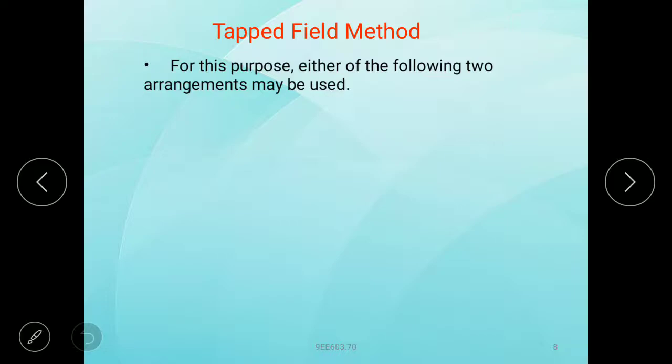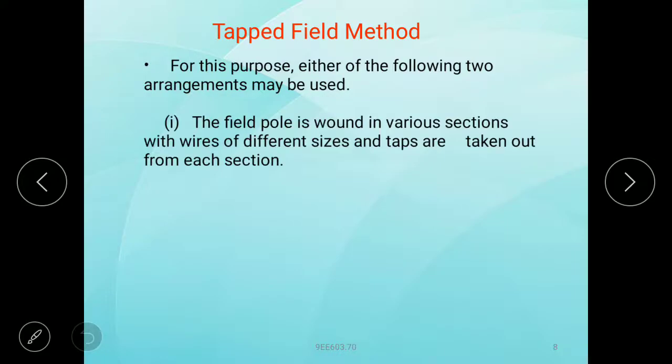For the tapped field method, either of the following two arrangements may be used. The field pole is wound in various sections with wires of different sizes, and taps are taken out from each section.